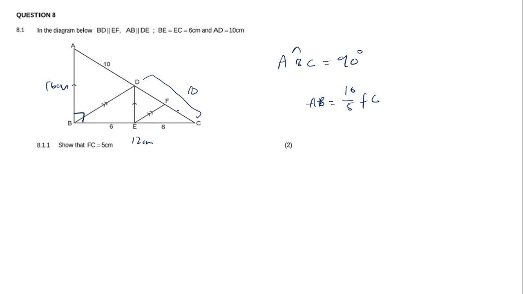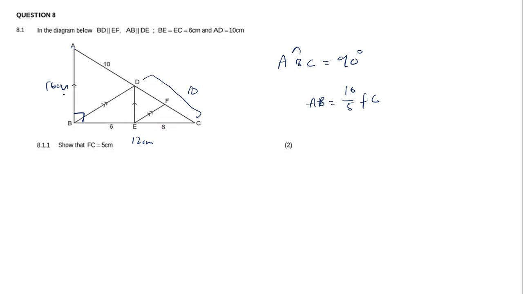So what I'm going to do is determine the sum of AB and BC to see how much I get. You understand what I'm saying?